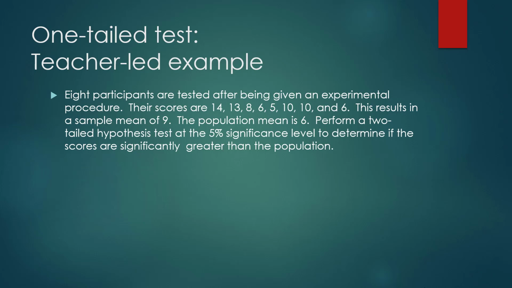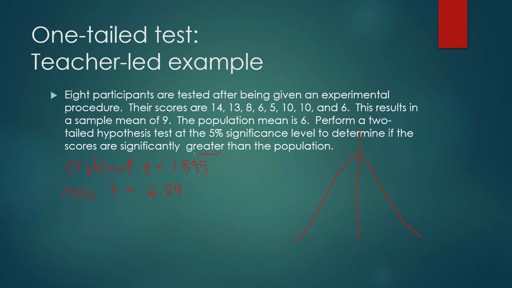So now here we are back at our example, and we said that our critical T was 1.895, and then our calculated T, again, we calculated this earlier in a previous video, was 2.54. So now we need to make a decision.